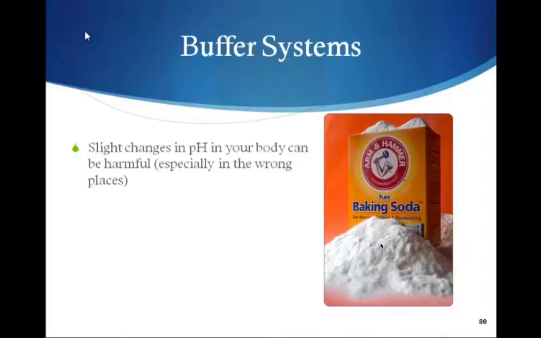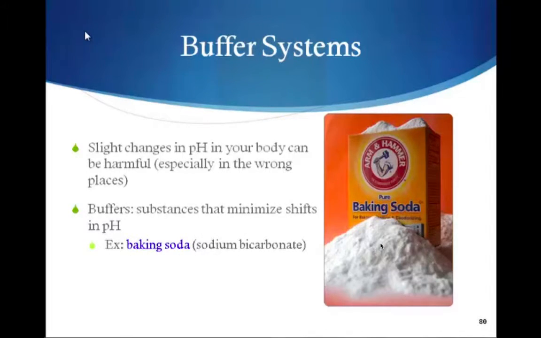Not good. So your body has come up with a defense. It actually has buffers. Buffers are substances that can combine with acids and bases and neutralize them or absorb their excess ions to keep the pH from changing very dramatically.